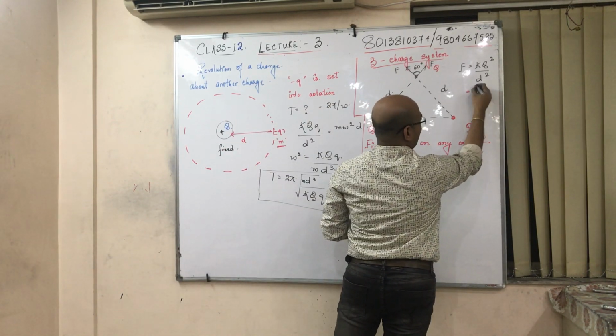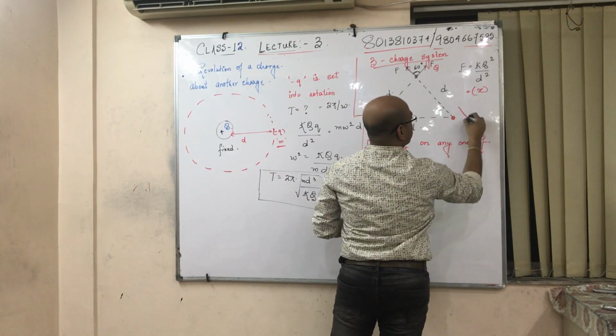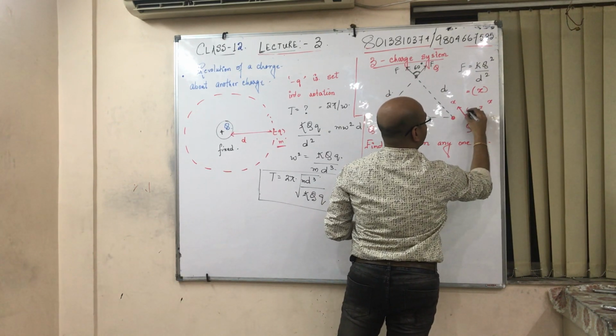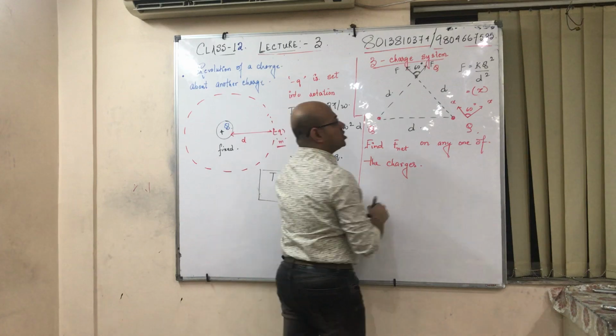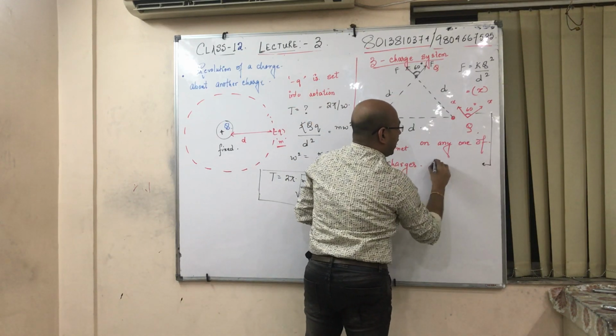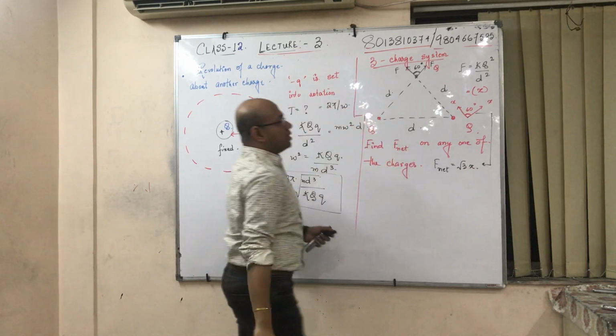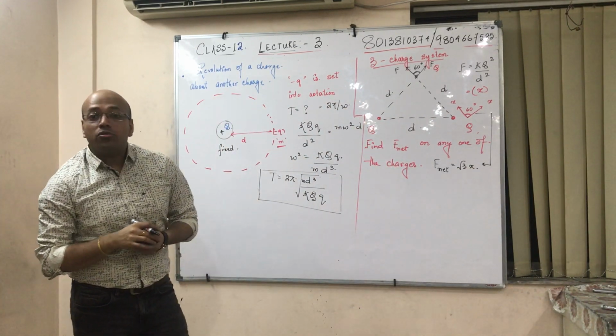Let's say this is X. Two forces X and X inclined at 60 degrees. If you have done the chapter on vectors, the F net will be root 3 times X.